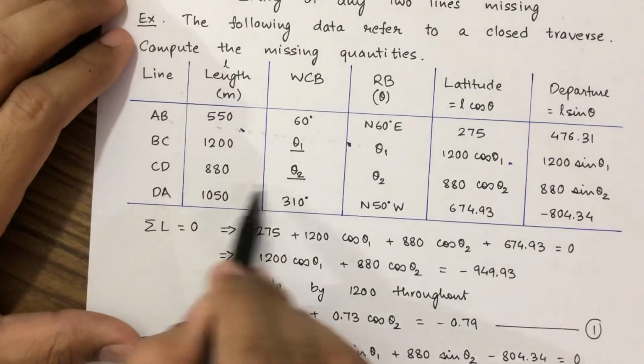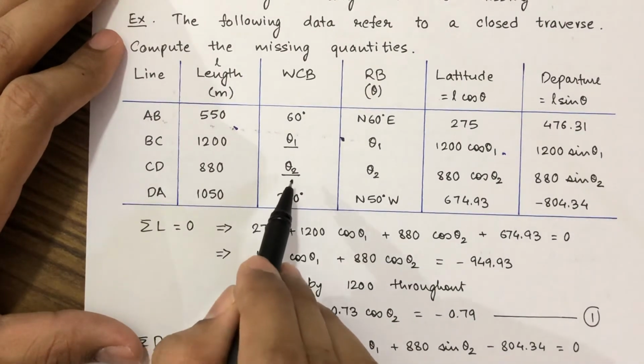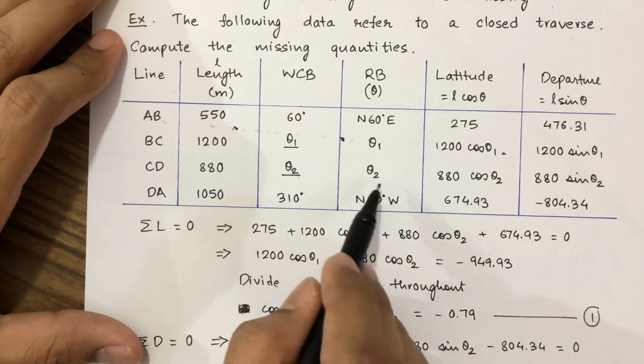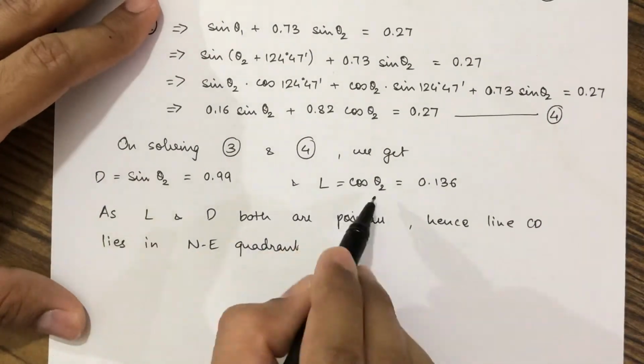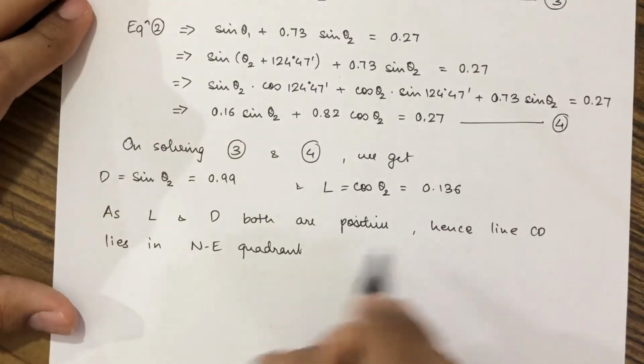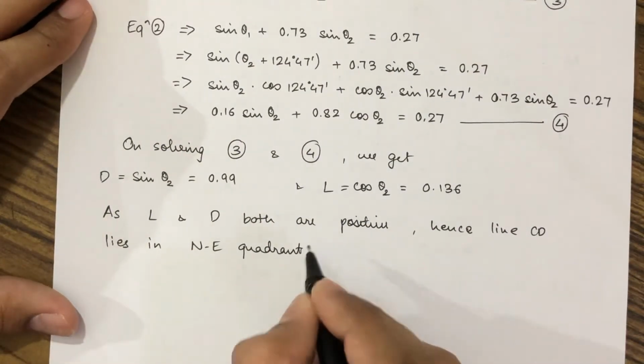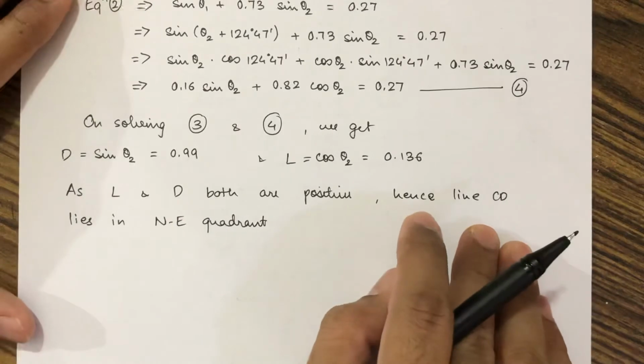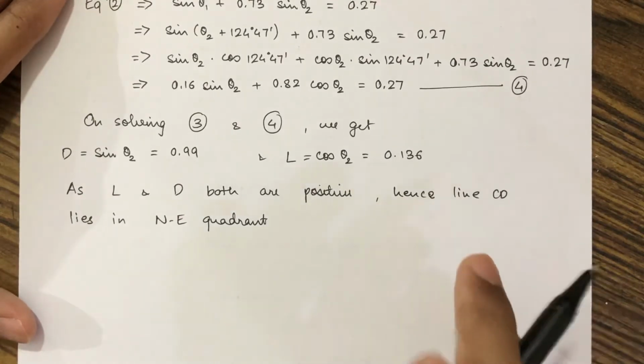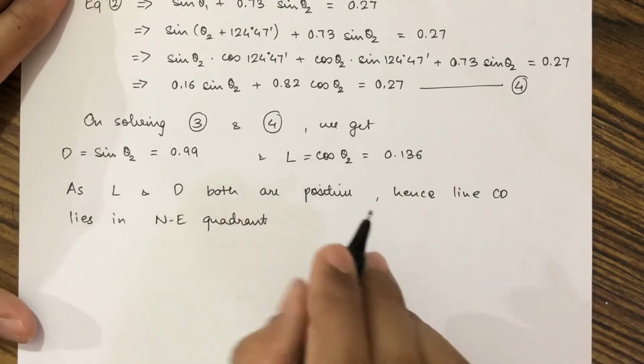So this line CD is denoted by theta 2. So here we got the values for theta 2. Line CD lies in the northeast quadrant. Now we need to find the value for theta 2.